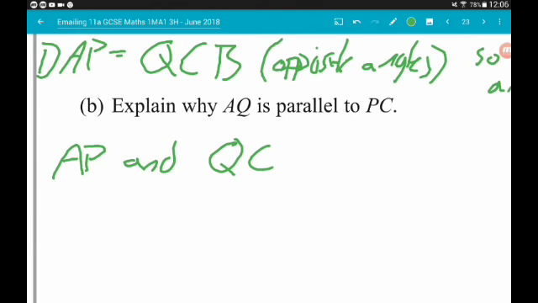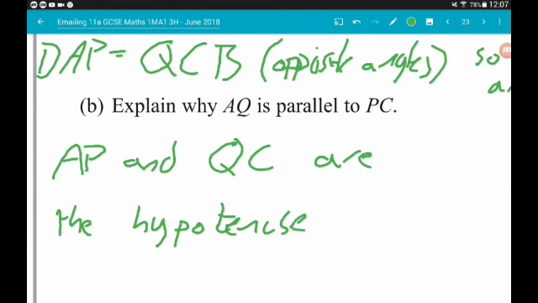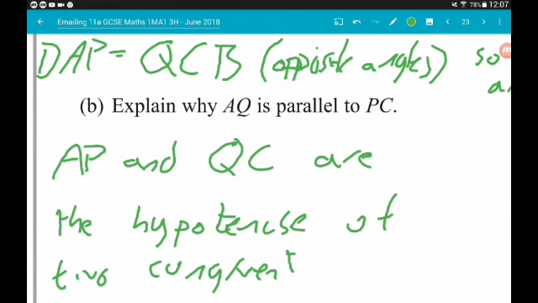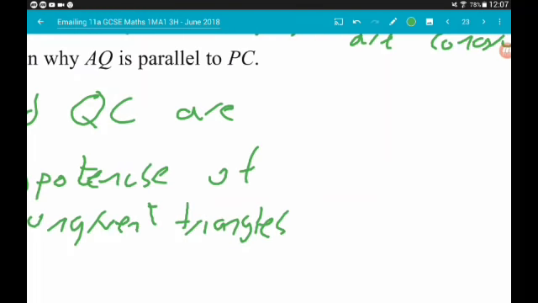So, the hypotenuse of two congruent triangles, so they are equal.